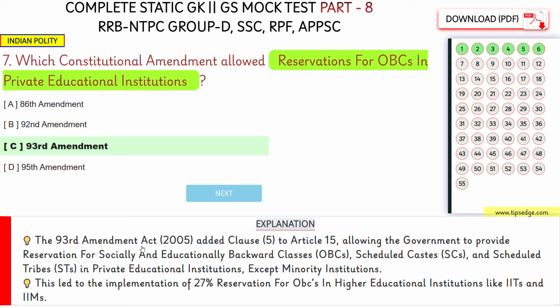The 93rd Amendment Act in 2005 added Clause 5 to Article 15, allowing the government to provide reservation for socially and educationally backward classes, OBCs, scheduled castes, SCs, and scheduled tribes, STs, in private educational institutions except minority institutions. This led to the implementation of 27% reservation for OBCs in higher educational institutions like IITs and IIMs.